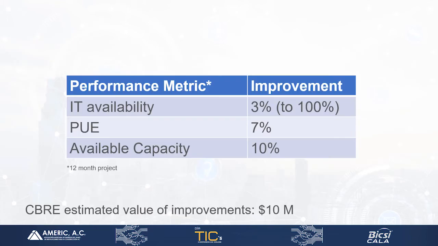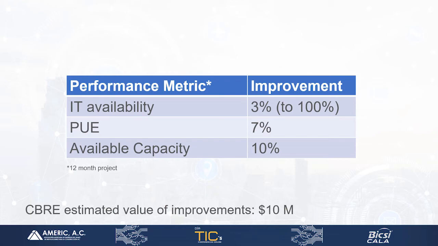And these are the improvements that they were able to make. So the reliability or availability of the IT equipment went from 97 to 100%. That means all of the units in the data center, after making the changes, got the resources they need to operate safely, either airflow, cooling, power, etc. They dropped their PUE by 7%, and they increased the data center's ability to support IT equipment by 10%.